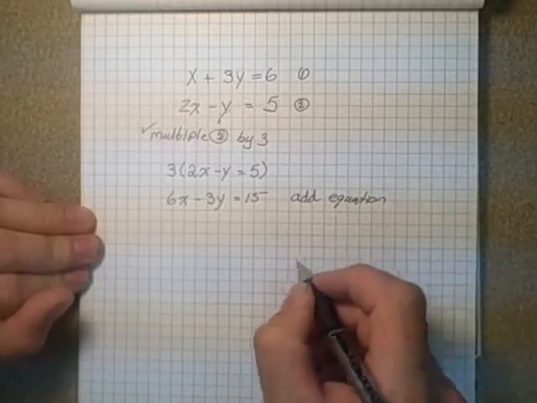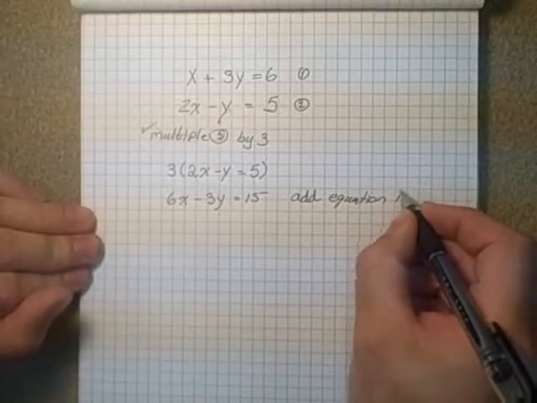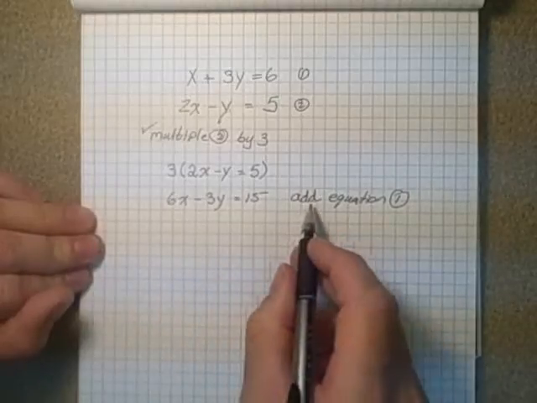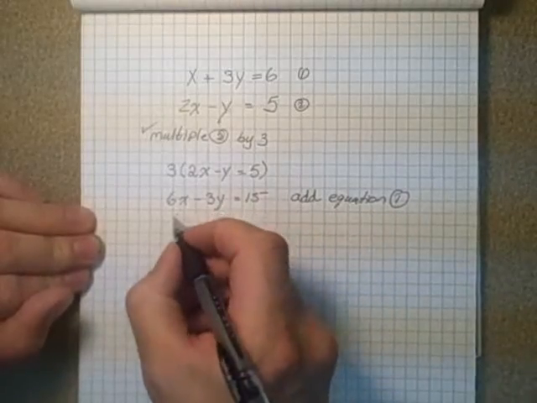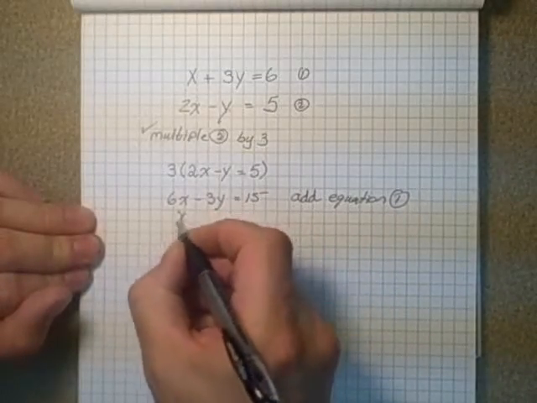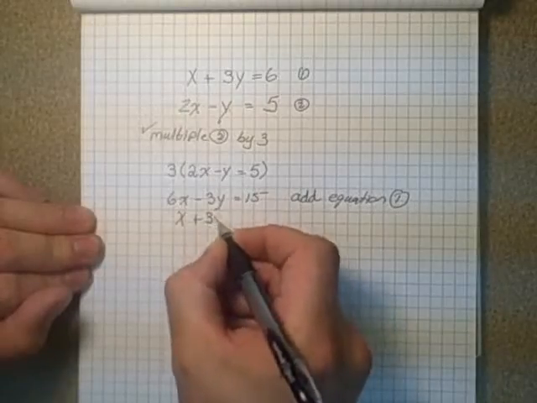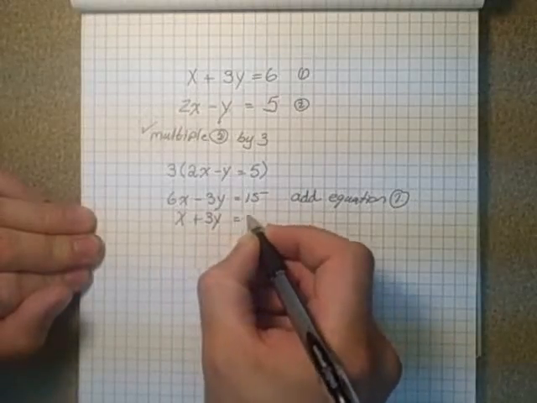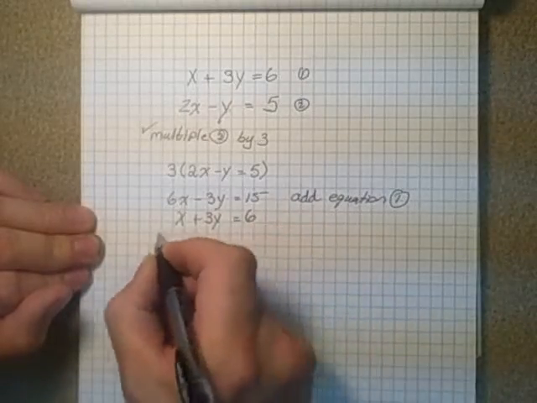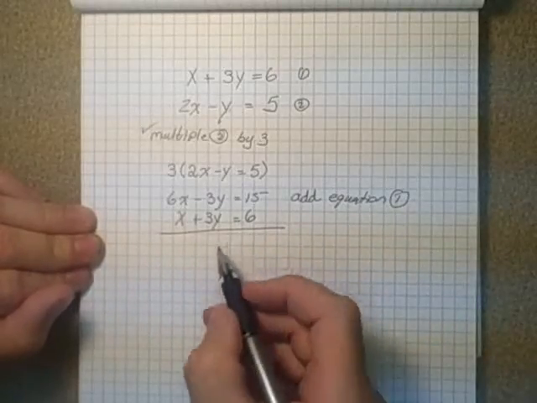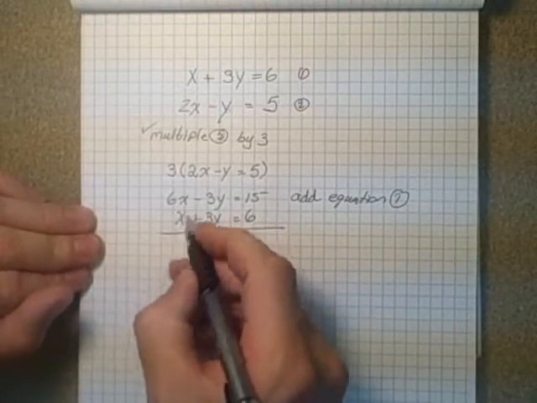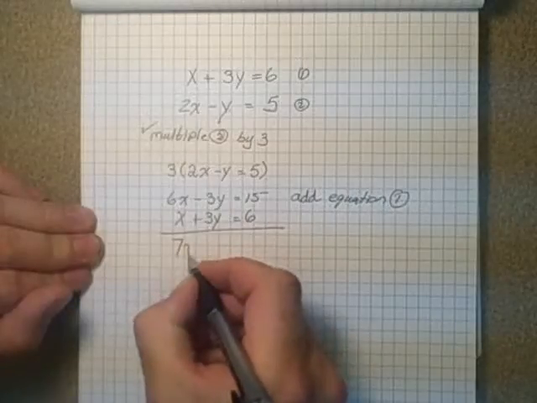Equation number 1 is x plus 3y is equal to 6. So if I add these together, 6x plus x is 7x.